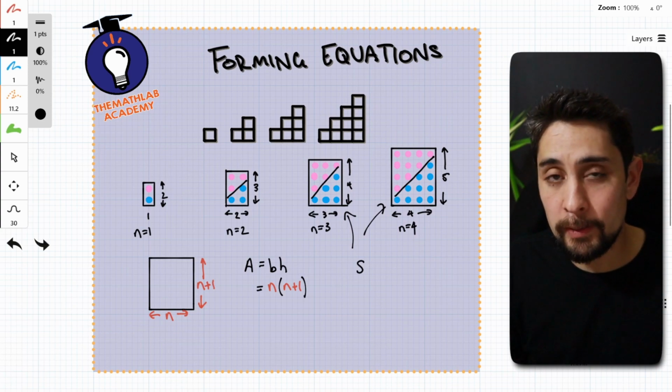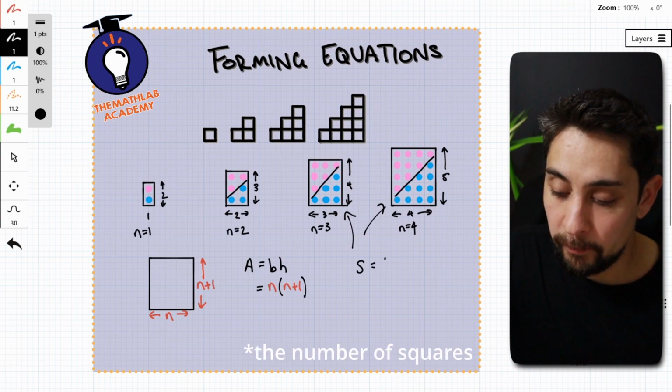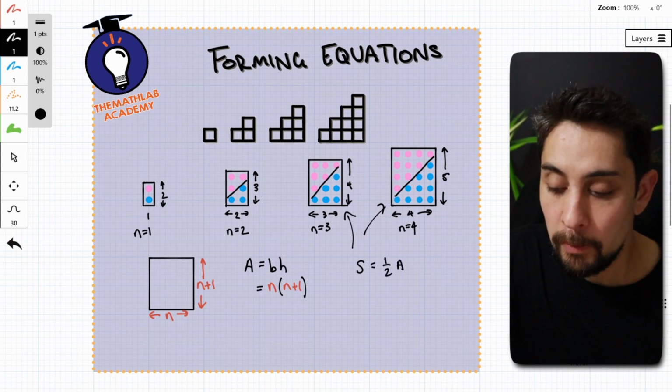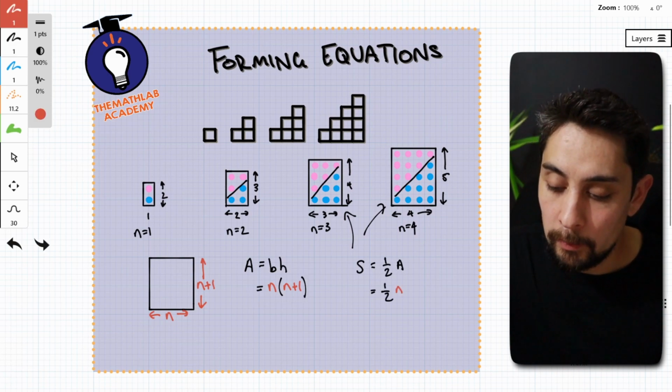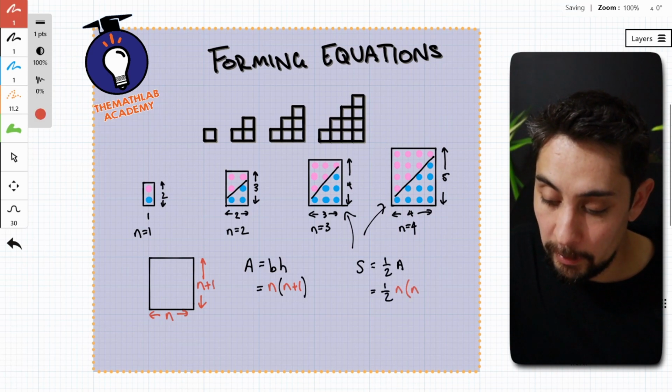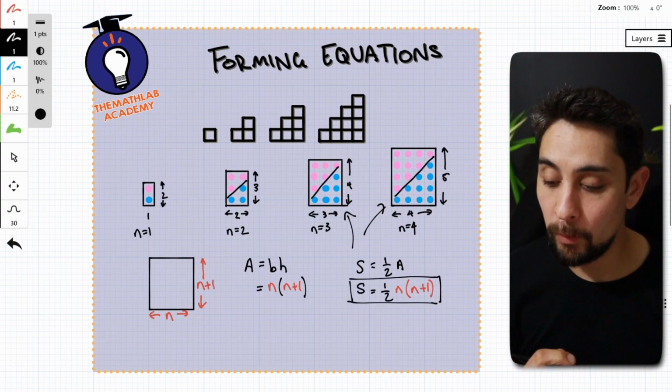The number of squares is just half the area of the rectangle. So S equals half A, and A, we just found out, is n times n plus 1. So S equals half n times n plus 1. And we're done. That is the equation for our number of squares.